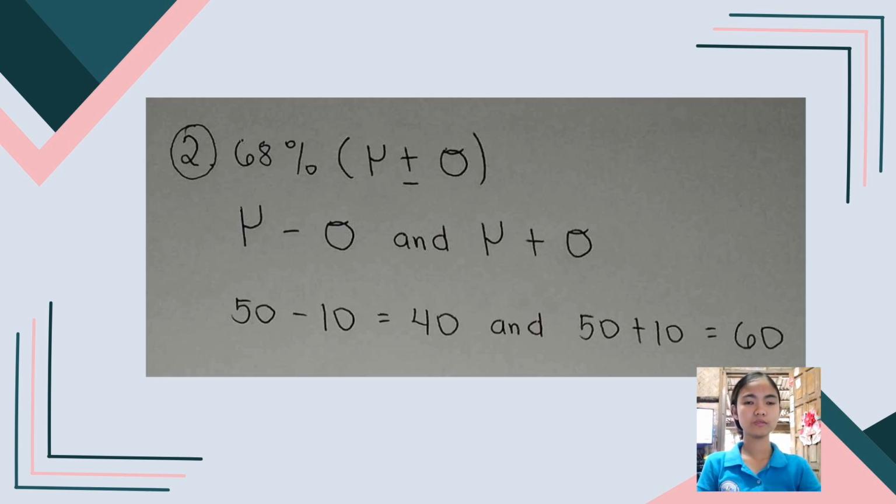For number 2, 68% falls between mean minus standard deviation and mean plus standard deviation. So 50 minus 10 equals 40 and 50 plus 10 equals 60.